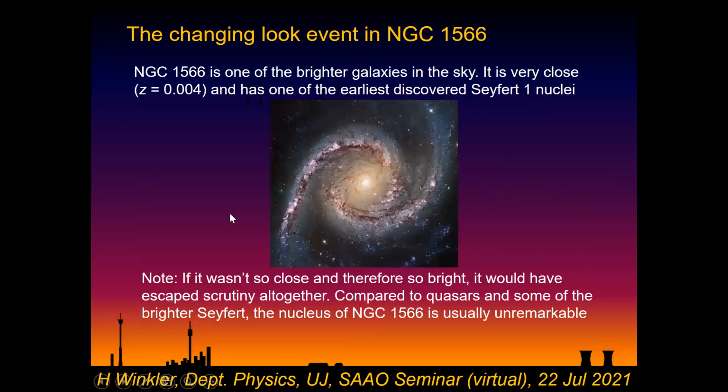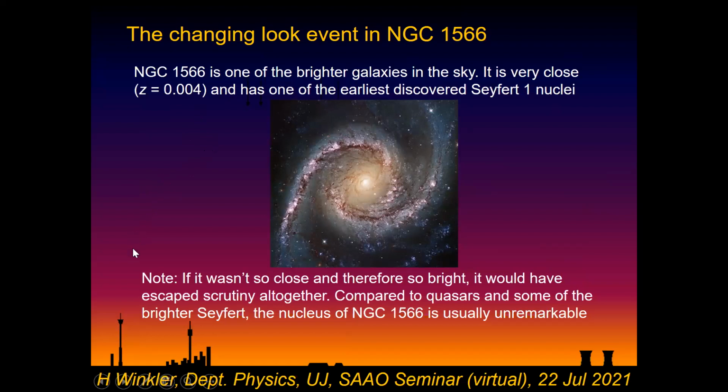Anyway, let me now move on to some other cases where we found very sudden changes in the properties of AGN. This is one, as I said, I've shown it earlier, one of the best known, quite close AGN, NGC 1566. It's sitting nicely in the south.